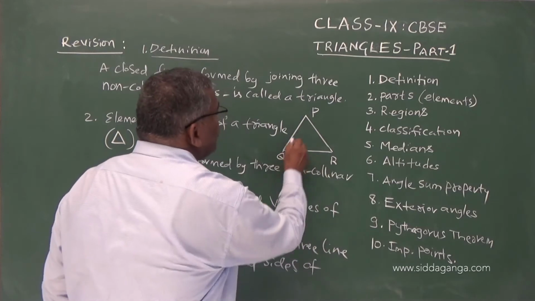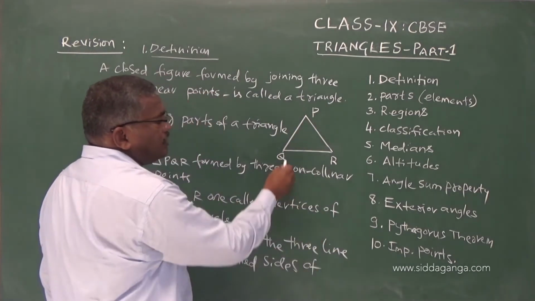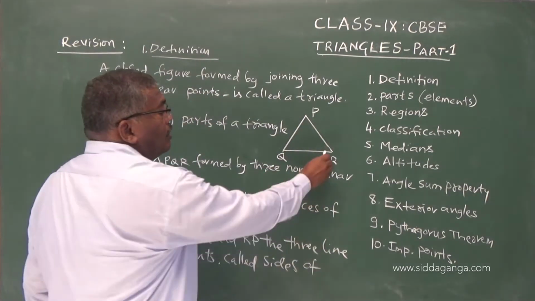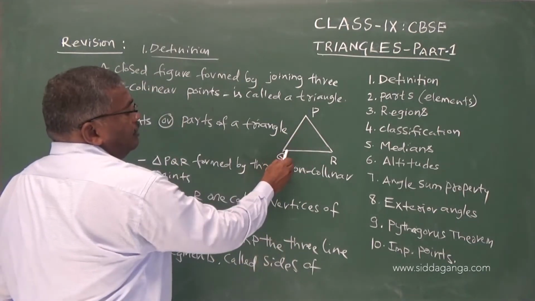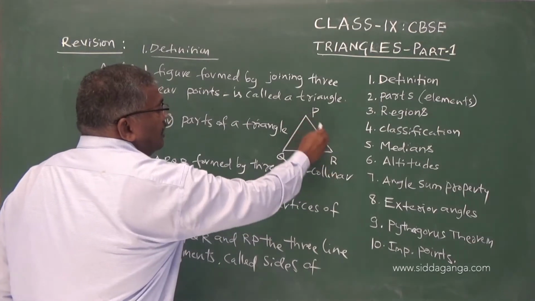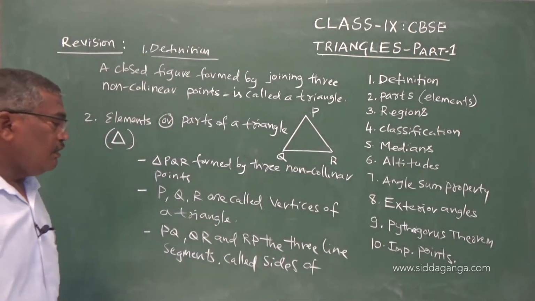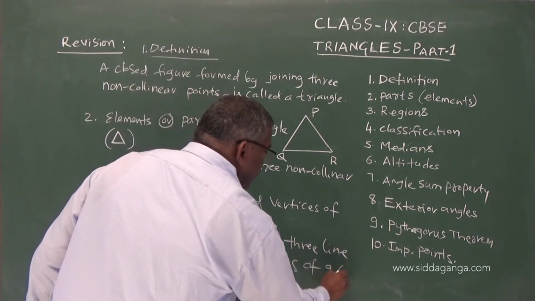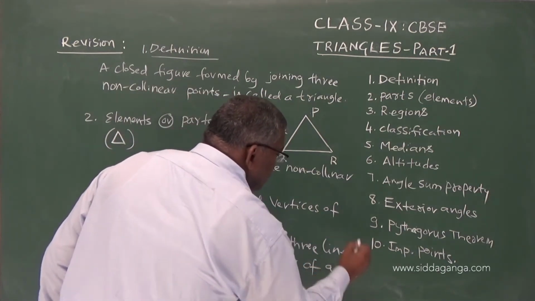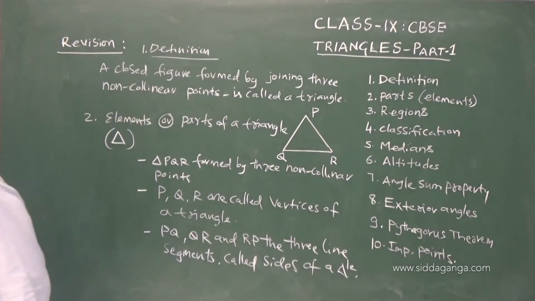Point P is a vertex, Q is a vertex, R is a vertex, and PQ is one side, QR is another side, and RP is another side. They are the sides of a triangle.